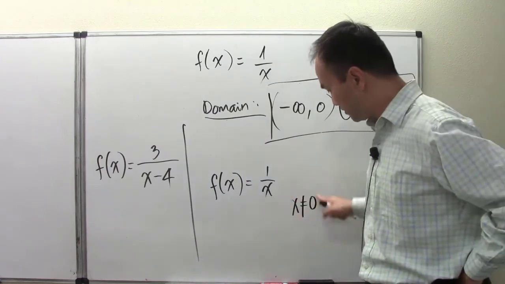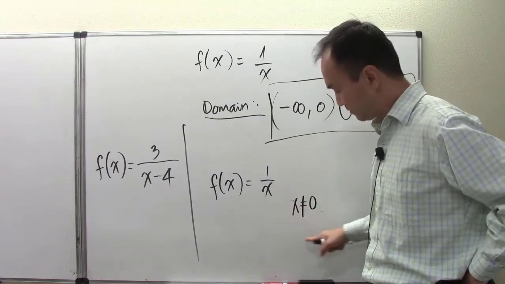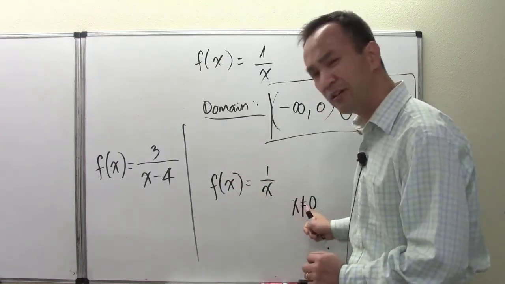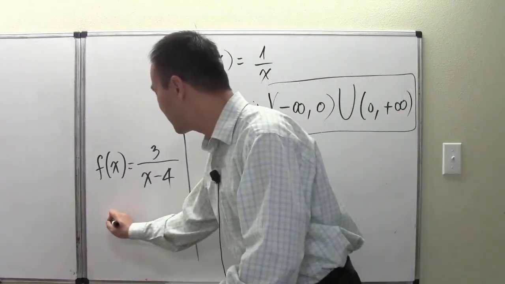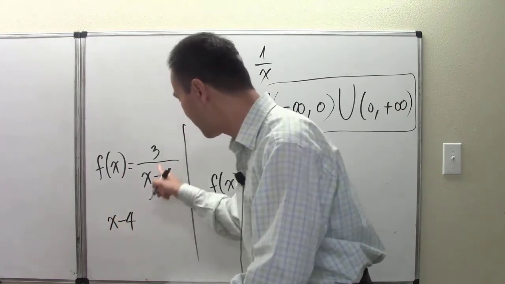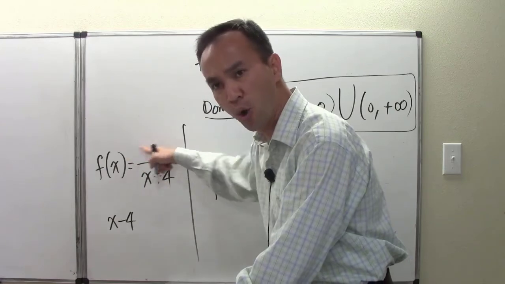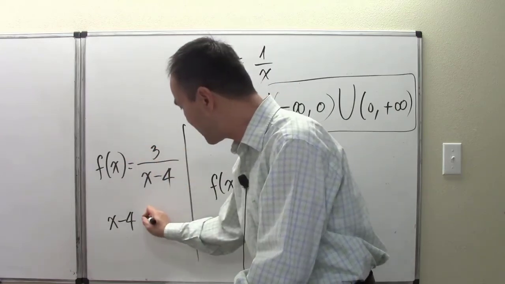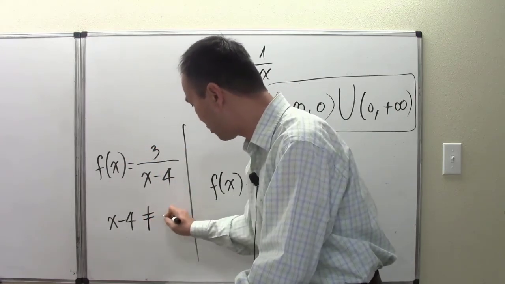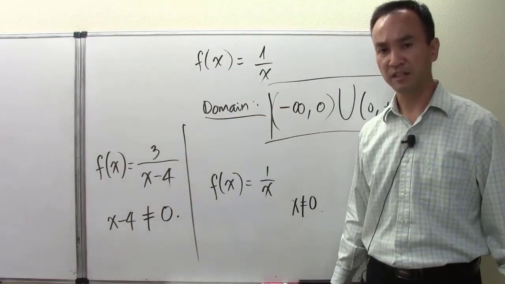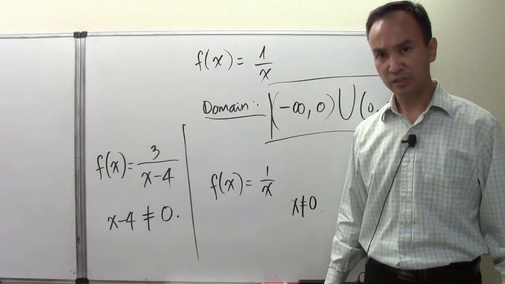But now, more generally, we have a further understanding that it really means the entire denominator. The denominator here is not only an x, it's the whole x minus 4. So we want the whole x minus 4 to be non-zero. That's something to keep in mind.